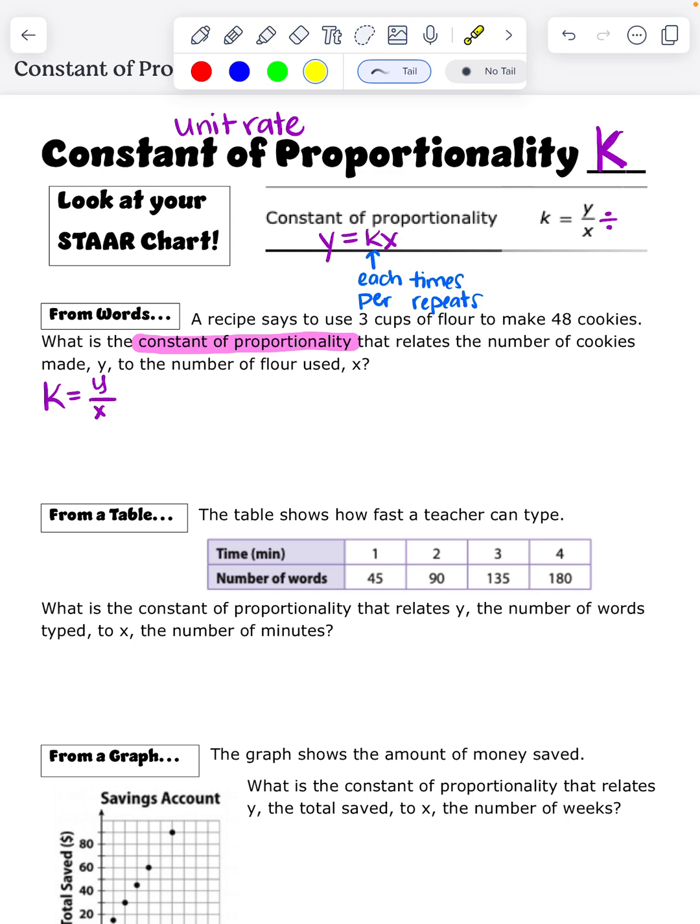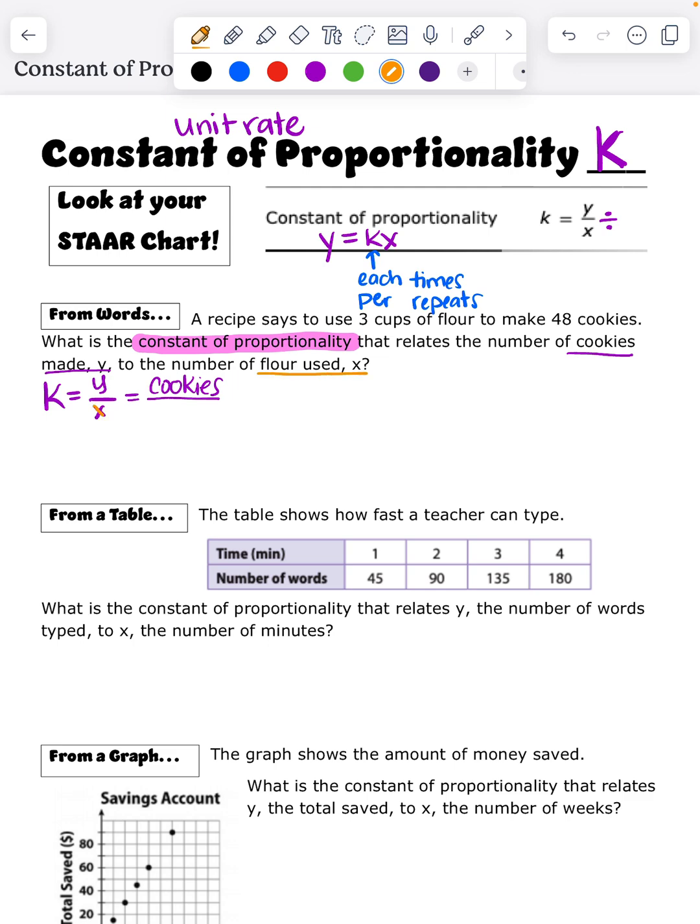So let's figure out what Y is. Well, if we keep reading, it says that the number of cookies is Y. Okay, so for Y, I'm going to write cookies. And just like yesterday on our unit rate notes, remember, the first thing we create is a word fraction. So we have cookies on top because Y was on top. And then what is next? Well, we have our X, which is flour.